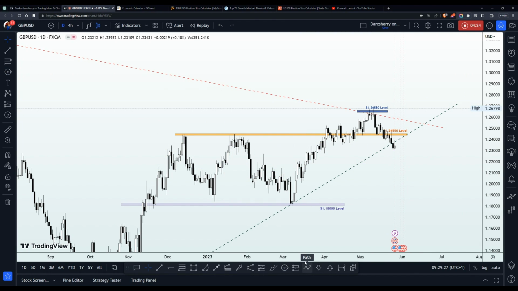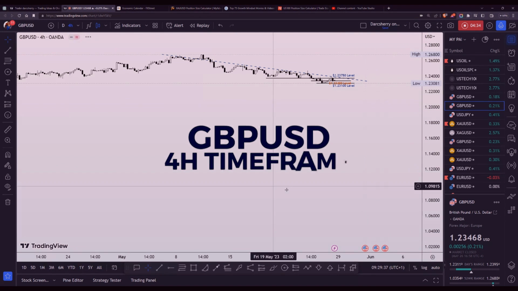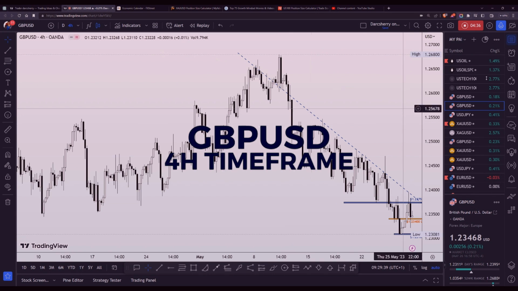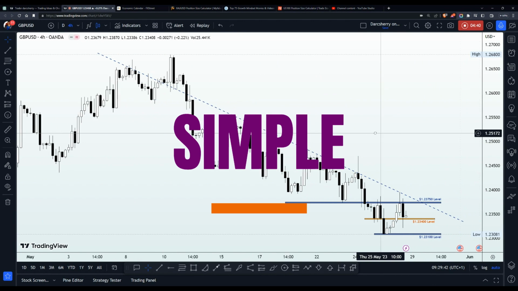What I did here was to dive into a much lower time frame to see what is really going on around that area. When we scale down into my 4 hours time frame, this was what I was able to come up with. It's quite a simple setup here.